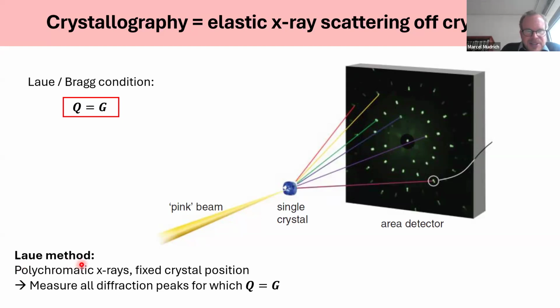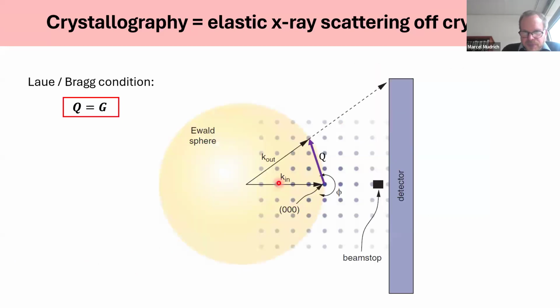In this case it's not a monochromatic beam but a polychromatic X-ray beam, such that not only the angle is probed, but also many different lengths of the incident k vector are probed at the same time.